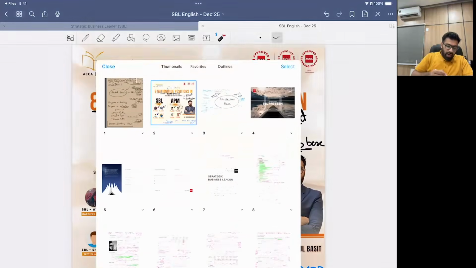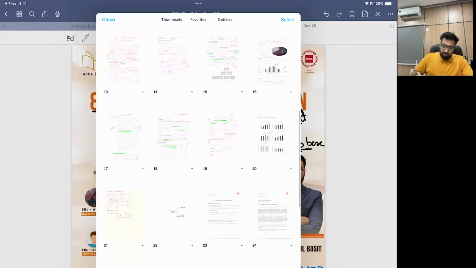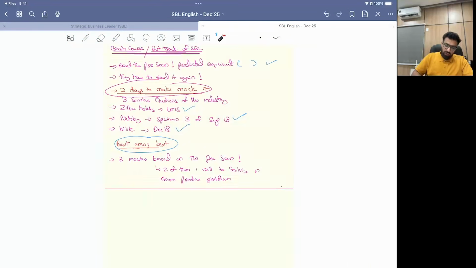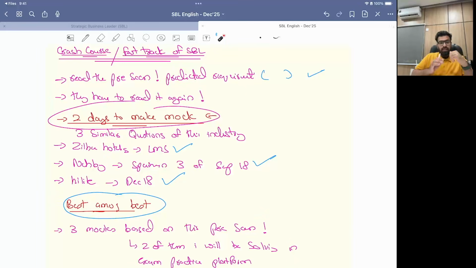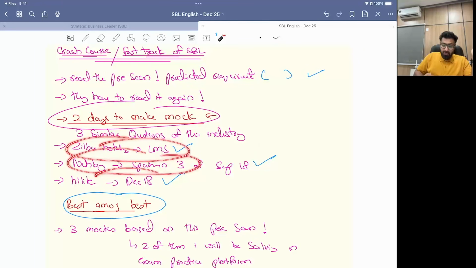Let's just move directly to the paper that we left. So now the crash course has started with full capacity. We have done the read pre-seen and predicted the requirements as well. Now students have to read it again. Then we solved these 3 questions: Zilba hotels, nearby, and highlights.